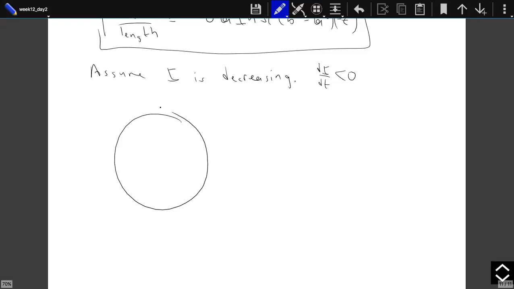Now let's look at my system. This was my system. The current was running in this direction. Now as I change the current, I know that there will be induced electric fields. What will be the direction of this induced electric field as I is decreasing? Circular or counterclockwise?